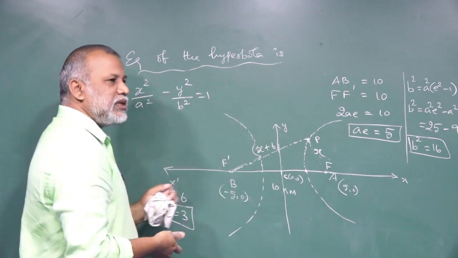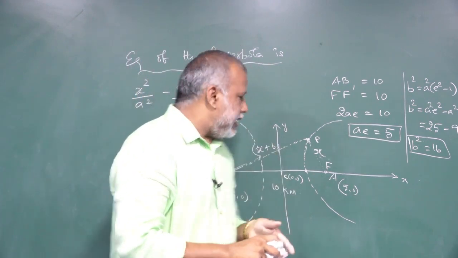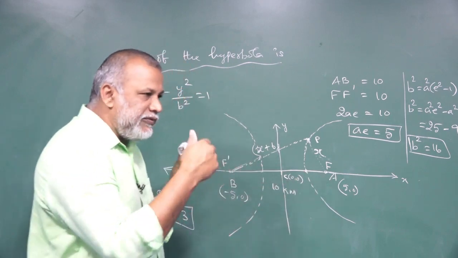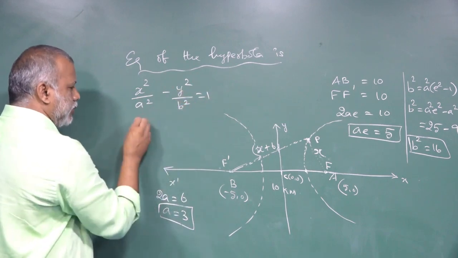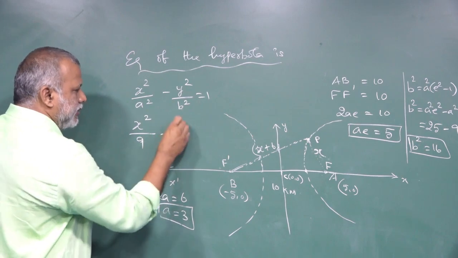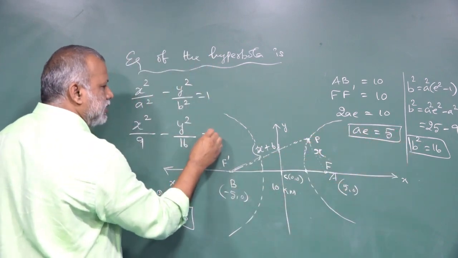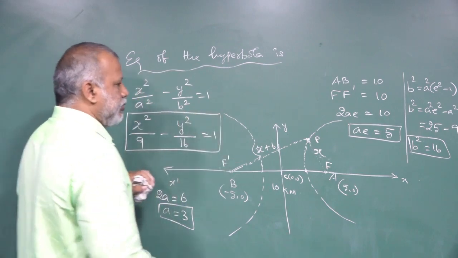In the previous question, the center was (0, 300), therefore we used capital X, capital Y. Here we use only small x, small y. If the center is the origin, we can take x squared by a squared minus y squared by b squared equals 1. Here a squared is 9 and b squared equals 16, so x squared by 9 minus y squared by 16 equals 1. This is the equation of the hyperbola.